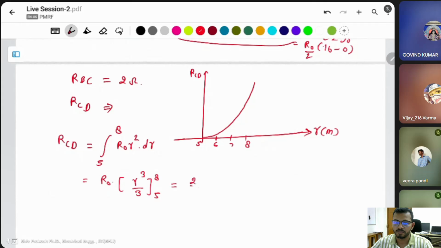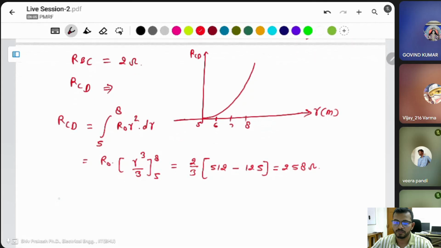R naught is 2 by 3. 8 cube is equal to 512 minus 5 cube, which is equal to 125. To solve this one, this will be 258 ohm.